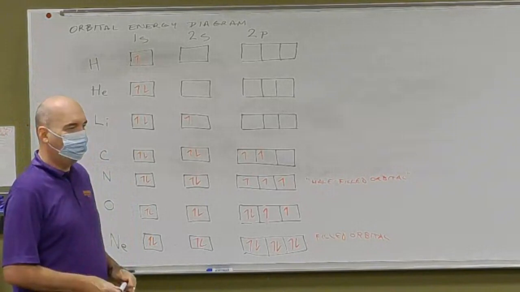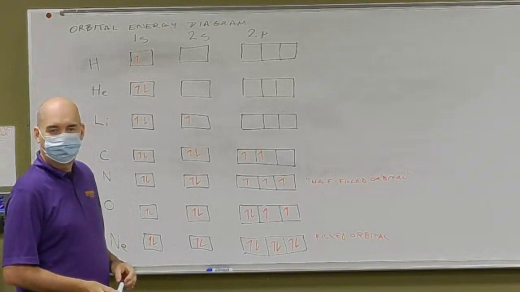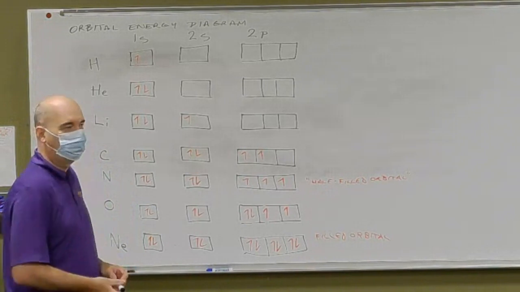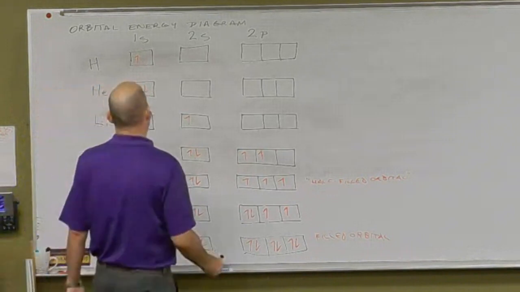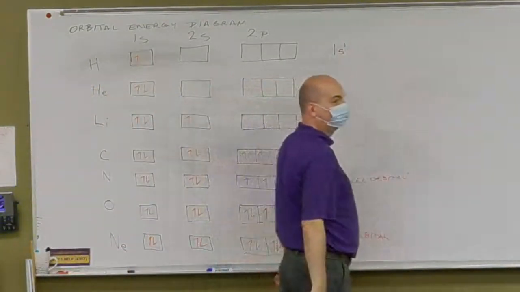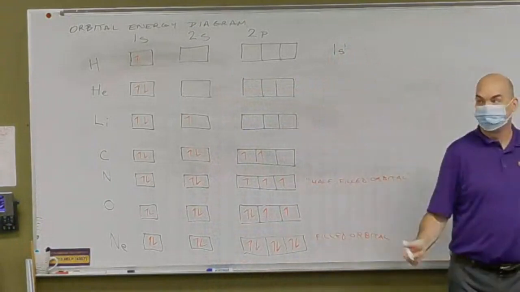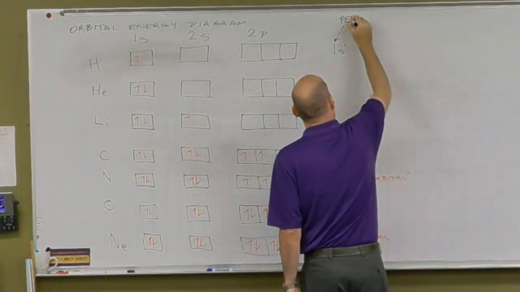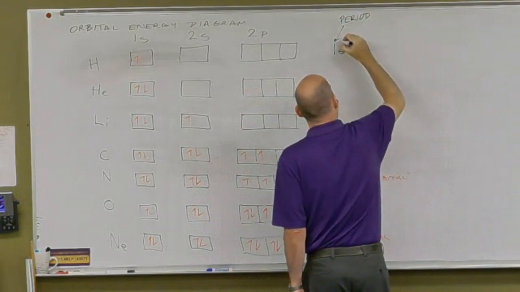How many boxes and arrows are we going to draw? It's quite a lot, right? All right, let's invent a shorthand for this. The shorthand for this is 1s1. That's the period.